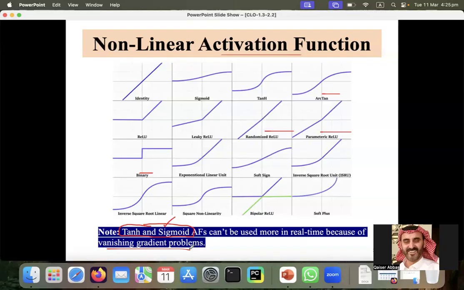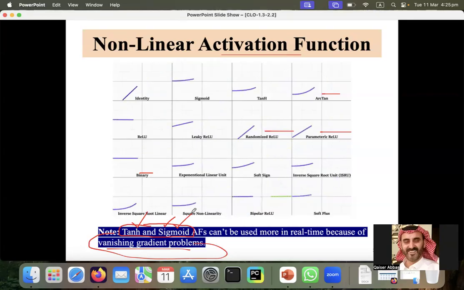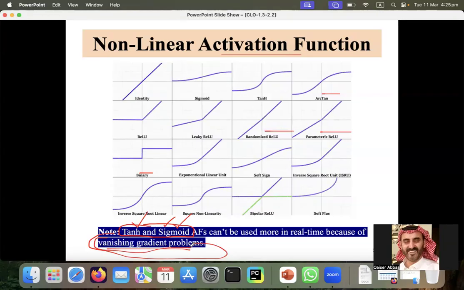If this situation happens, you cannot do anything. That's why the instruction is: do not use tanh and sigmoid activation functions if you want real-time results from your models. This is just an instruction. For vanishing gradient problems, we can do something. That's why you use, for example, gradient descent and stochastic gradient descent.